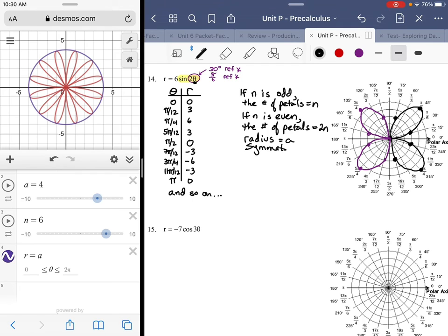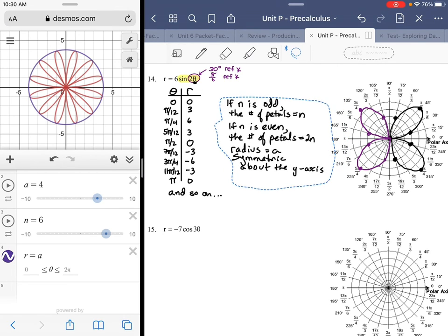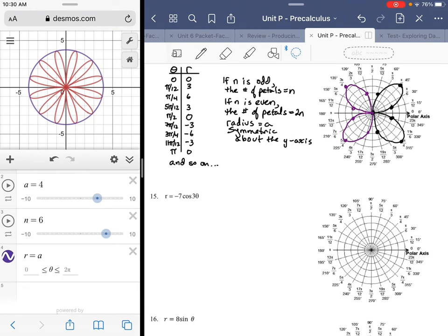So we know the radius is equal to a, and it's symmetric about the y-axis. All of this I was able to glean from just a quick analysis on Desmos using sliders. Pretty not bad. All right.